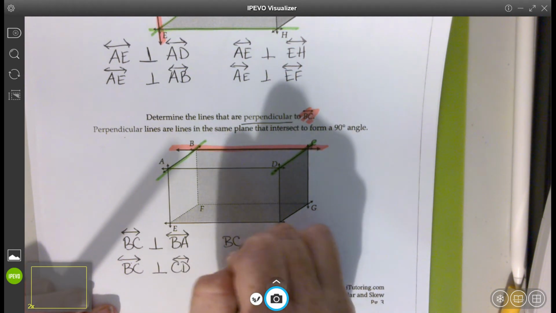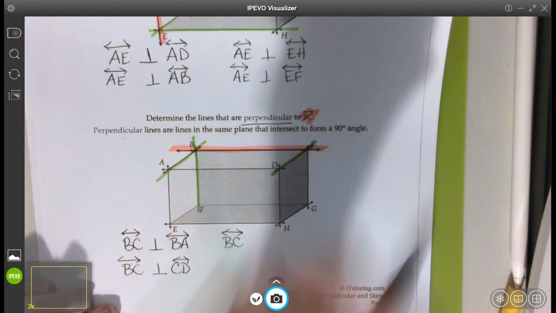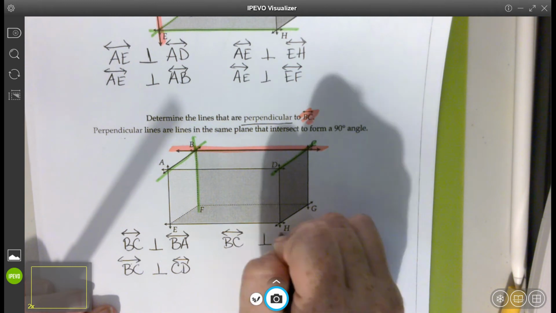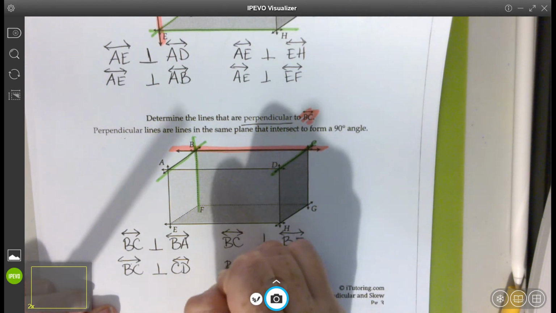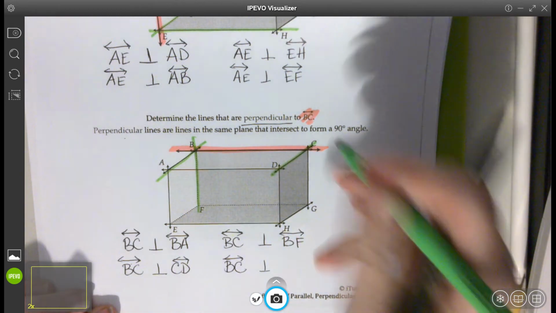Again, BC is perpendicular to BF. And then the last one is perpendicular to CG.